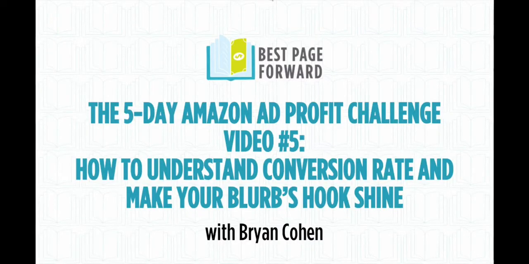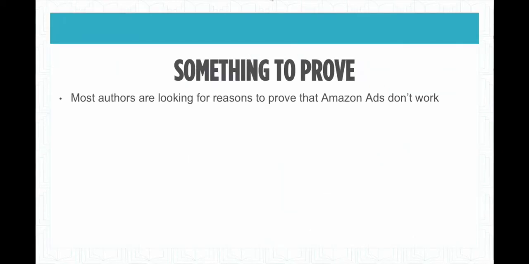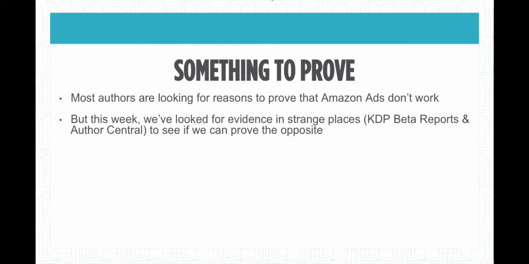Welcome to the 5th and final video, how to understand conversion rate and make your blurb's hook shine. Now, many authors are looking for reasons to prove that Amazon ads don't work. They are looking at ACoS, they are looking at sales that are tracked on the ad dashboard.